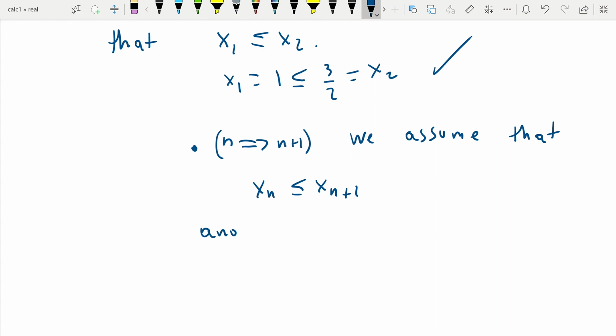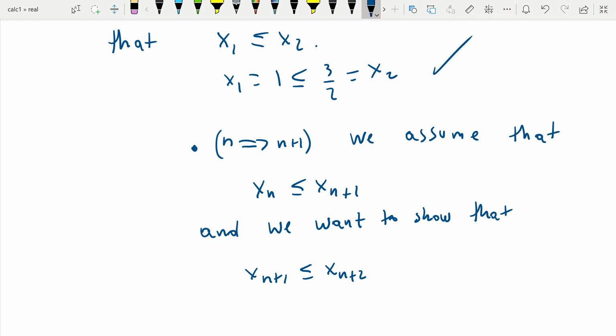And we want to show that x of n plus 1 is then less than or equal to x of n plus 2.